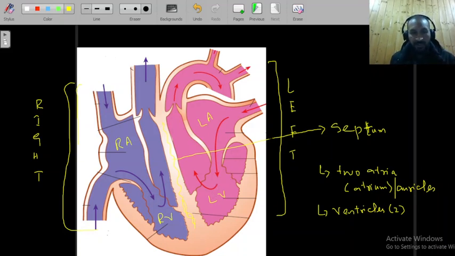We will study that in detail in the cardiac cycle. That will be our next lesson, or we have already discussed it in the double blood circuit.